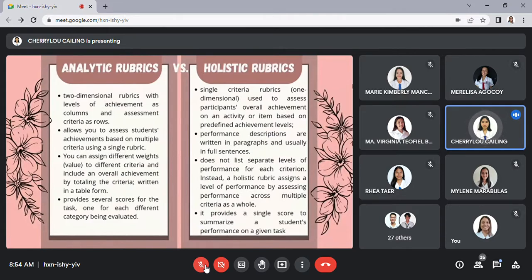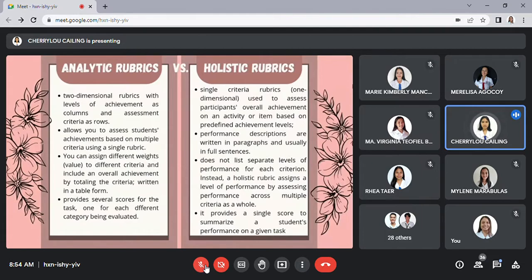In analytic rubrics, you can assign different weights or values to different criteria and include an overall achievement by totaling the criteria, written in a table form, while the holistic rubric does not list separate levels of performance for each criterion. Instead, a holistic rubric assigns a level of performance by assessing performance across multiple criteria as a whole.